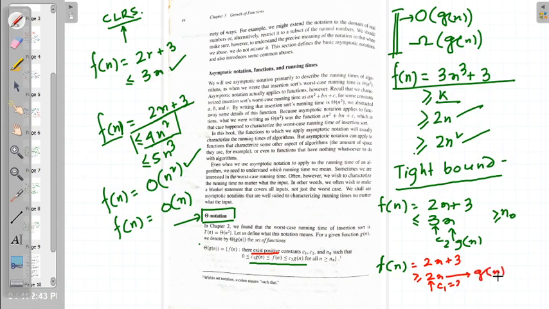Okay, so look at this implication. Here also this g(n) is there, and here also this g(n). So this g(n) is n here, g(n) is n here.